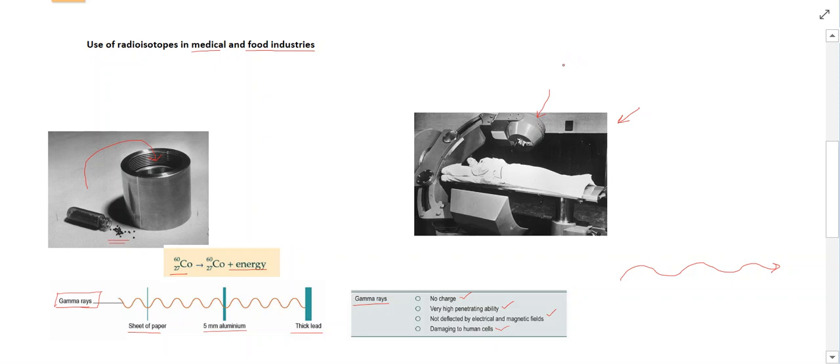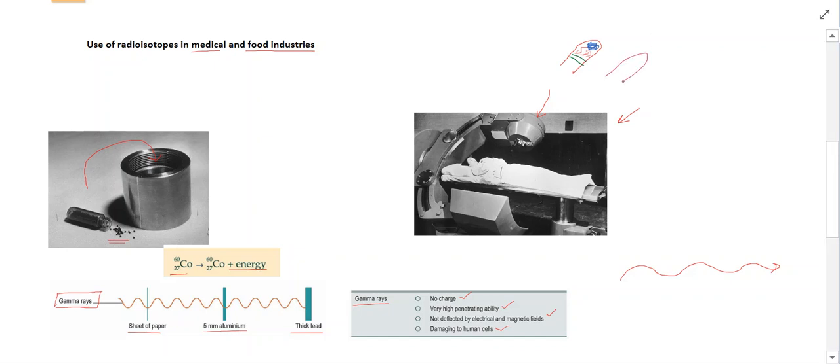Inside here you'd have your sample of cobalt 60, and this would be encased, sometimes they use tungsten, so there might be a little shutter like this. This cobalt 60 is just going to be spontaneously giving off these gamma rays, and those gamma rays can't go anywhere because they're contained in here. So you have your source of gamma rays.